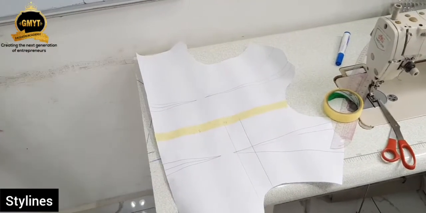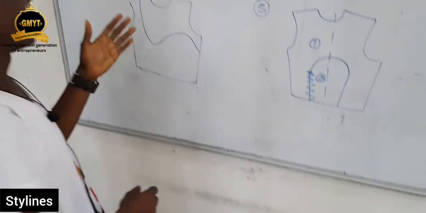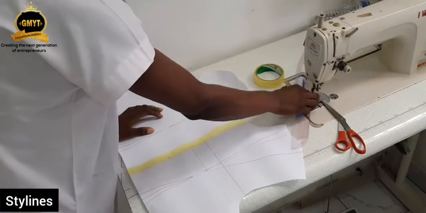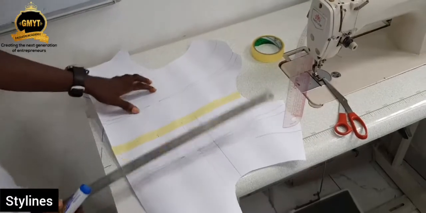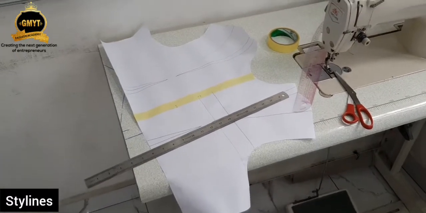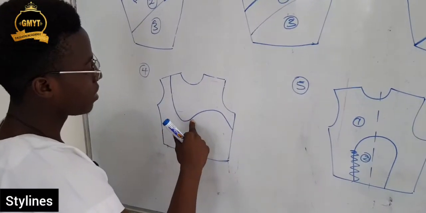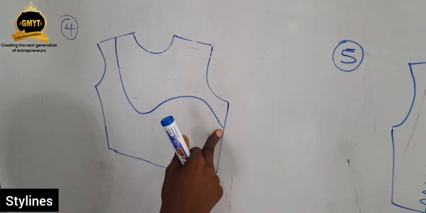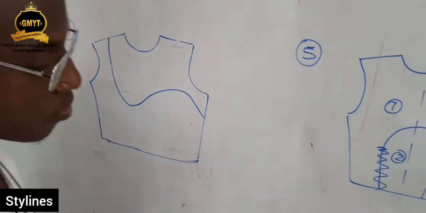Okay, so now let me draw out my style lines before transferring my darts into those style lines. The first style line comes from the shoulder all through with the bust point, connecting back to the second bust point down to your side seam with a curve.